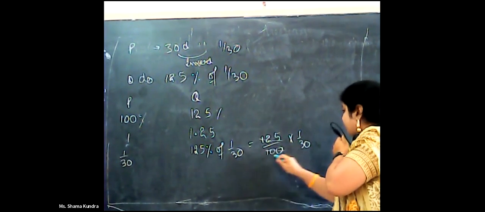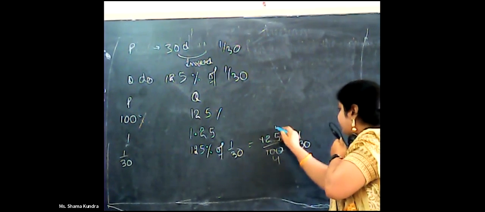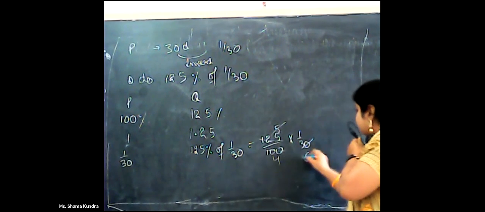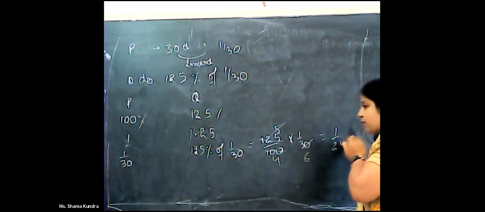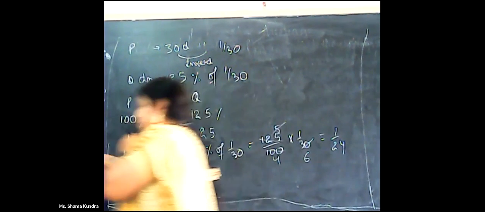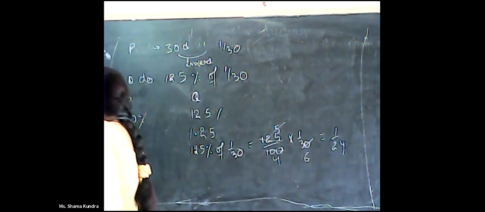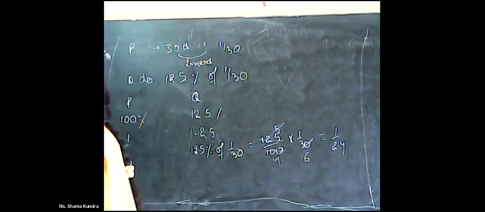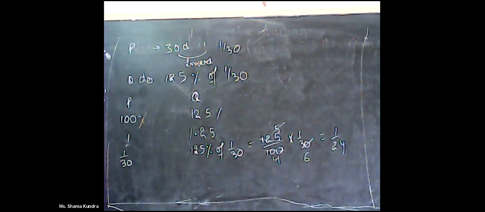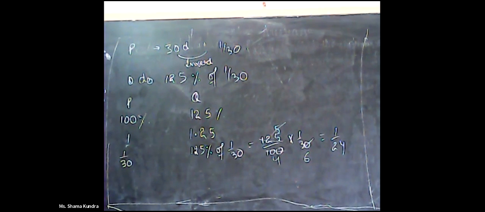On the 25 table, 25 fours are 100, 25 fives are 125, you will get 1 upon 24. Q does 1 by 24 amount of work in one day if P does 1 by 30 amount of work in one day, since Q is 25% more efficient.